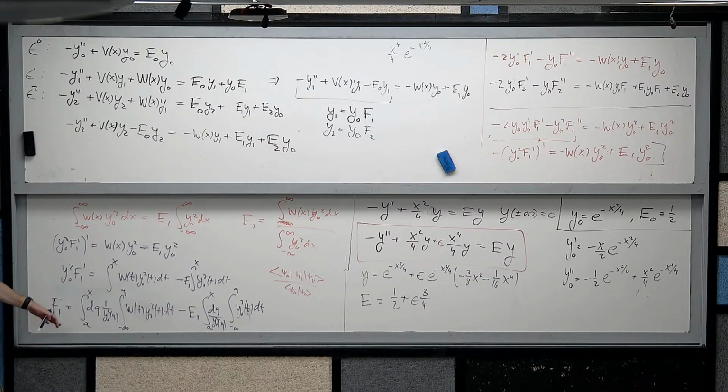For example, in our case, the f1 were all 0 at 0. So A is a point where f1 is 0. Now this was the first order.